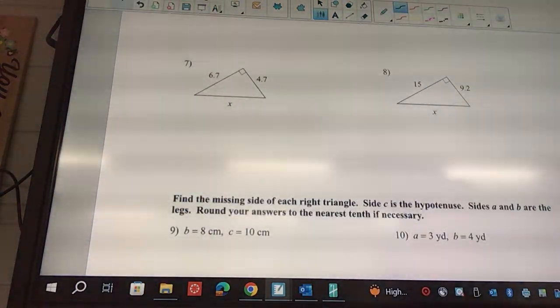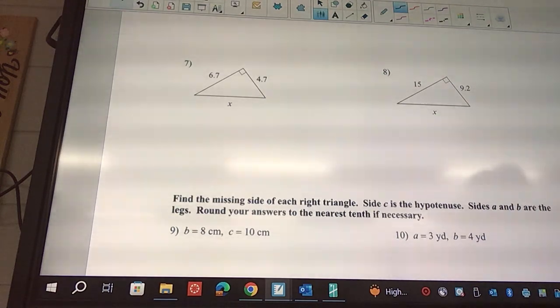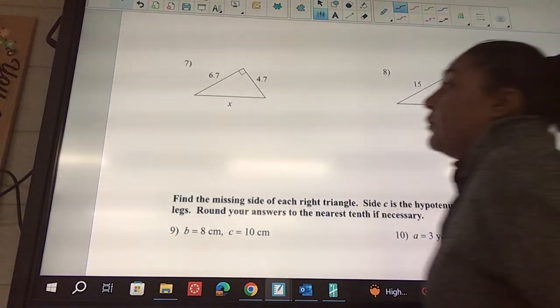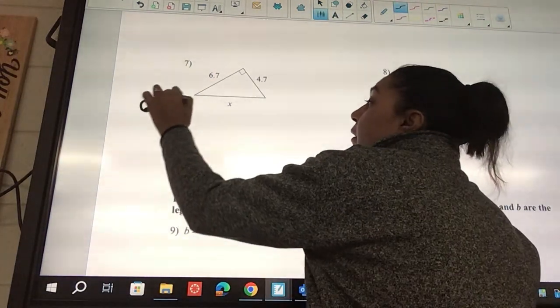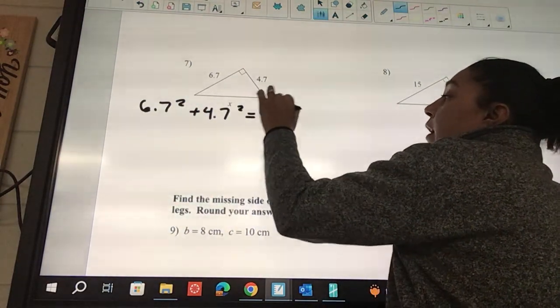Okay, number 7, which one is my C? X is my C, so we're going to say 6.7 squared plus 4.7 squared equals x squared.